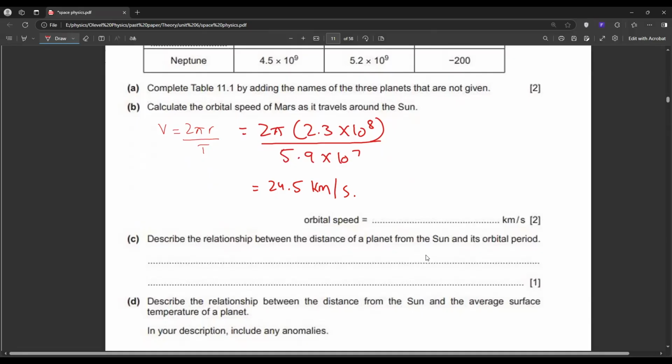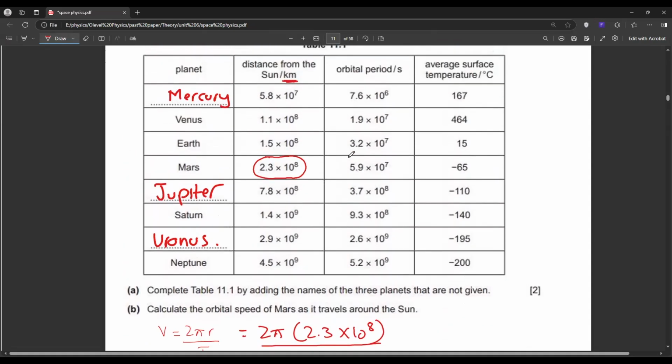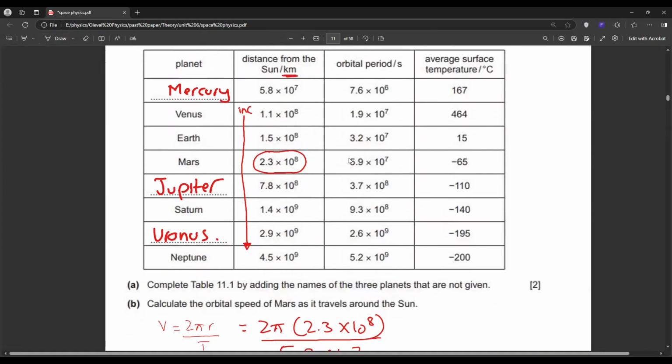Describe the relationship between the distance of a planet from the sun and its orbital speed. Let's examine that. As the distance from the sun is increasing, what is happening to the orbital period? The orbital period is also increasing.